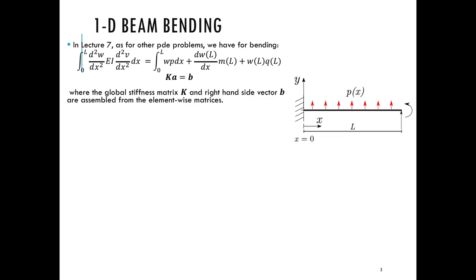This time, because it's a fourth order differential equation, we actually do integration by parts twice so that we can shift two orders of the differential from our trial function, that is the deflection V of the beam, onto our arbitrary weight function W. So that now when we've got our weak form, that is at most a second order differential equation. ठीक है जी.